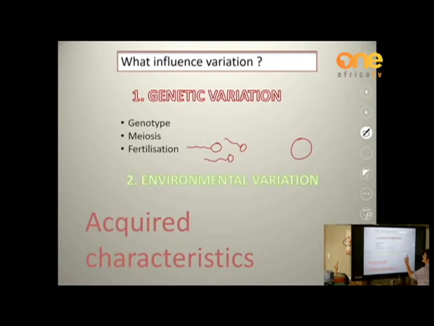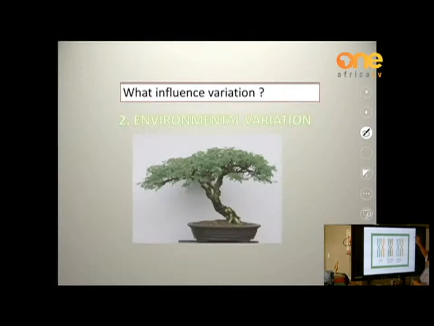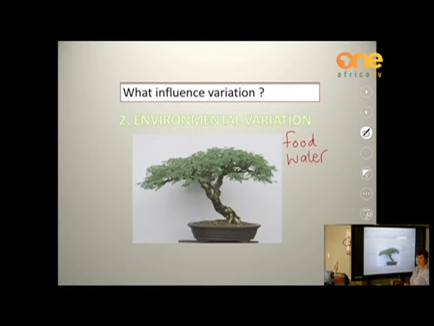Then when we look at the environmental variation, we say it is acquired characteristics. And that brings us to the environment. What can happen in the environment? Let's make a list. The type of food, the amount of water that a plant gets. But here, what is this?